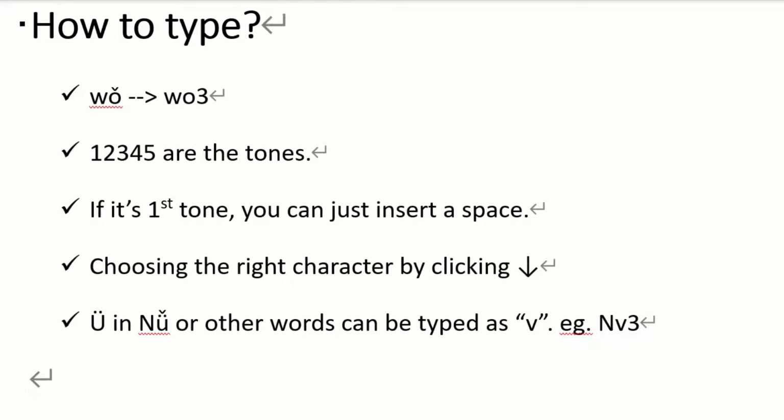Once we finish the settings, now let's see how to type Chinese characters. But remember, before we start typing, make sure you switch the typing into Chinese mode, not English mode. So here, let's see the first one.